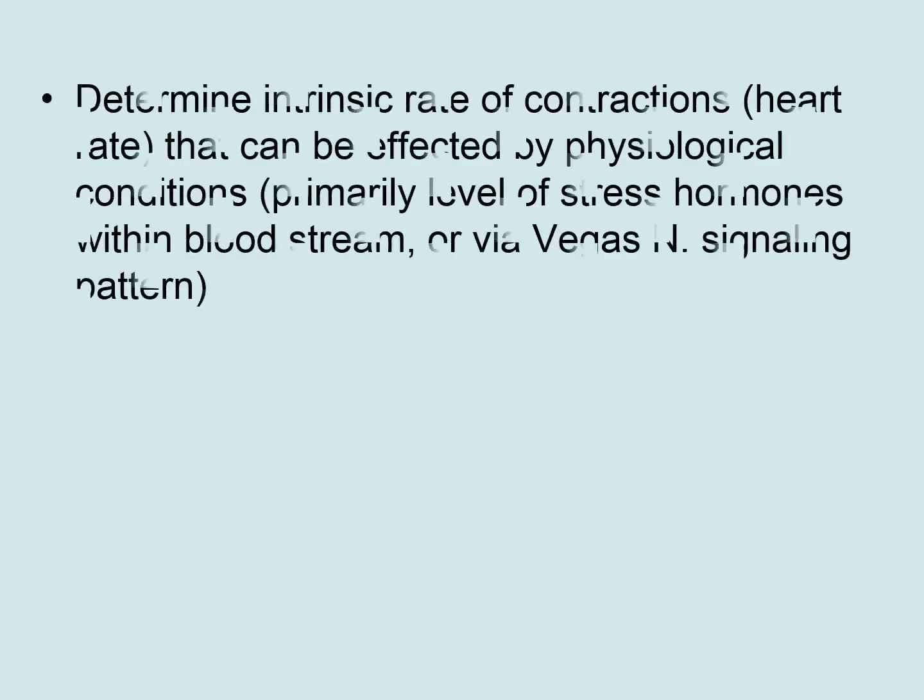What this ultimately does is determine the intrinsic rate of contraction. That is, what is the physiological basis for contraction based solely on depolarization. This will be affected by stress hormones as well as autonomic tone, or vagal nervous input onto the SA node.